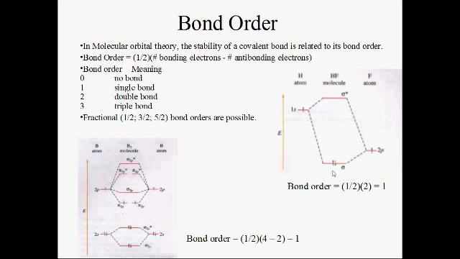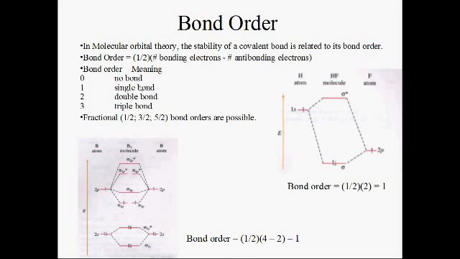So for bond order, what we're looking for is pairs of bonding electrons, subtracting off any anti-bonding pairs also. So we're going to take the total number of bonding electrons minus the total number of anti-bonding electrons, divided by 2, and that'll be our net number of bonds.